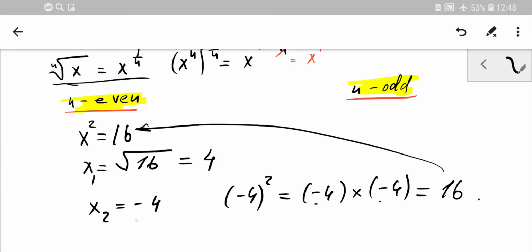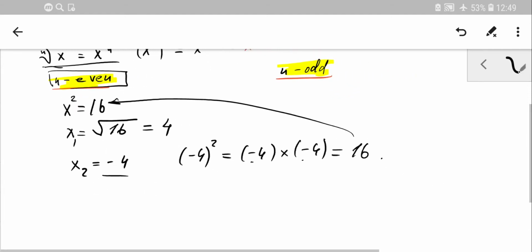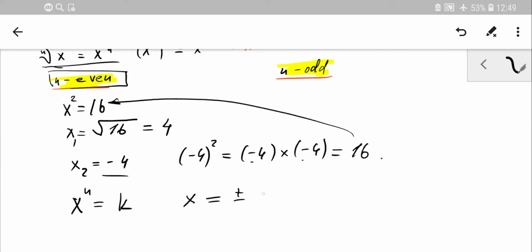That's why x equals -4 is also eligible. So in the general case, when n is even and you have x to the power n equals k, the general solution should look like plus or minus nth root of k. This is the typical one.